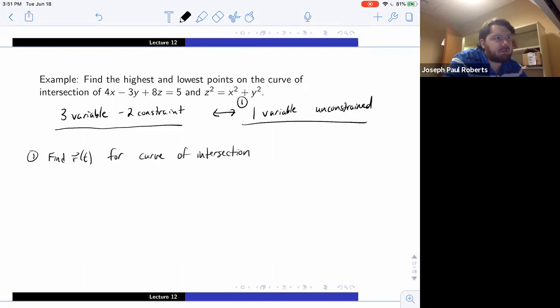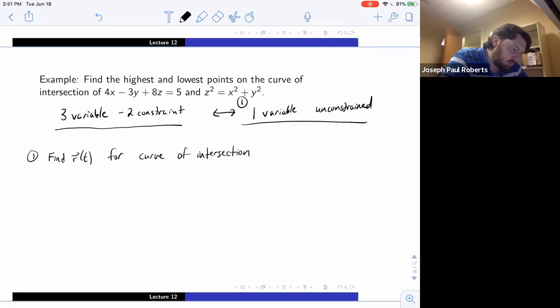That's something that we did back in chapter 13. Remember, we had 2 surfaces and we were asking ourselves, okay, how do we get an equation for the curve of intersection? This one's going to be a little bit trickier than the one we did.